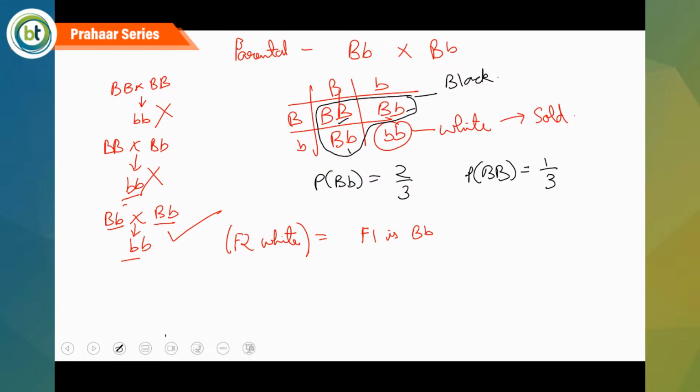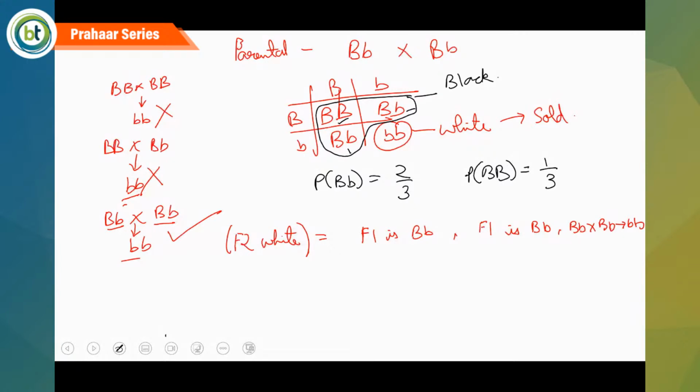Another event that is required is that the other F1 that is taken is also heterozygote. And the third is that the cross of these 2 F1s produces homozygous recessive. So these are the 3 independent events which should occur simultaneously in order for the F2 to be white.